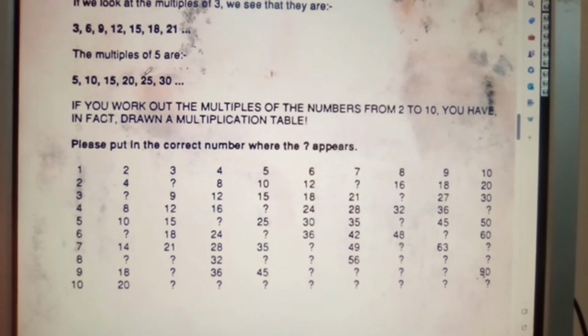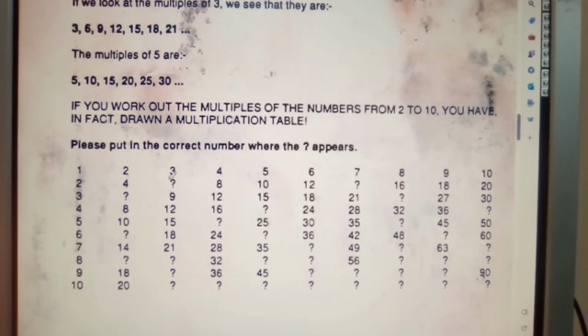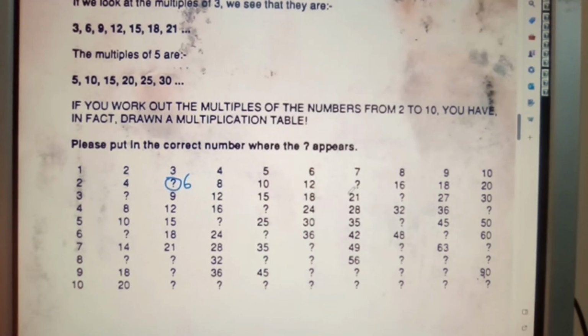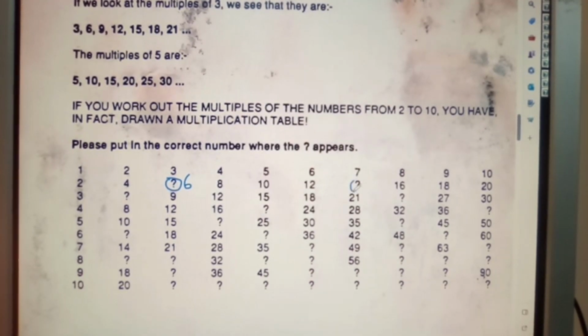So here, what number would come here? Should be a 6, yeah? What number would come here? It would be a 14, yeah?